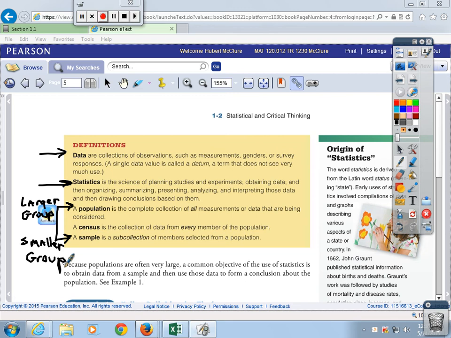Time and money. Is it easier to survey 30 people or 300? 30. So, a lot of times the sample is used to predict the population. 90% of the time or above, it's called a confidence interval. The sample is used to predict the population.